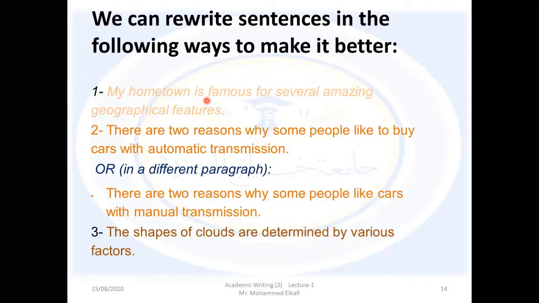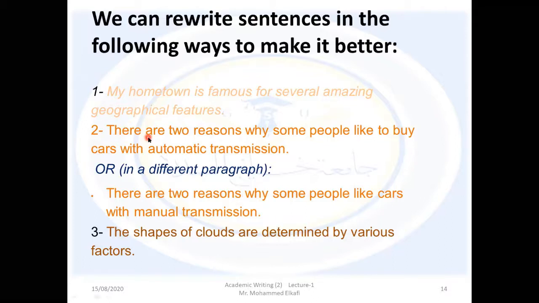So he needs to answer this question. My hometown is famous. We'll say why it's famous. He says that for several amazing geographical features. So we need as readers to know more about these several amazing geographical features that make his hometown a famous place. Good.